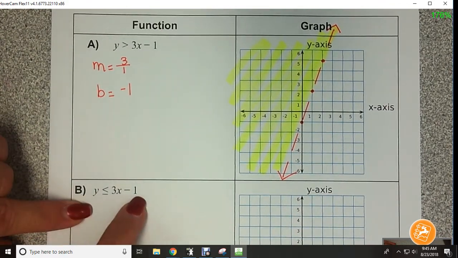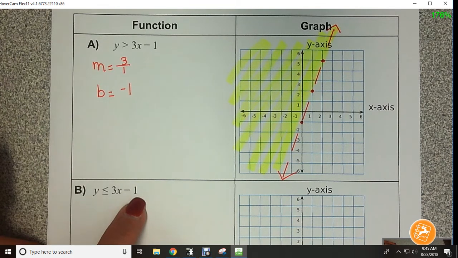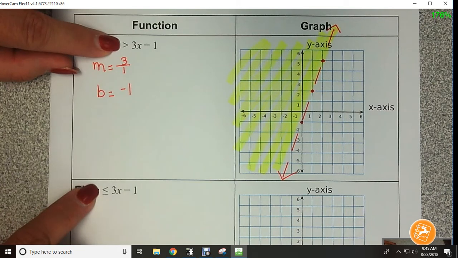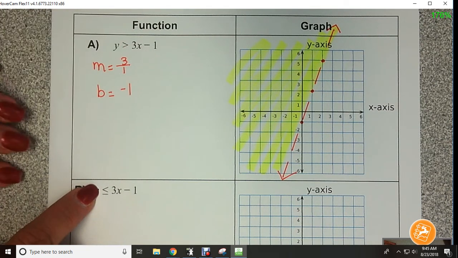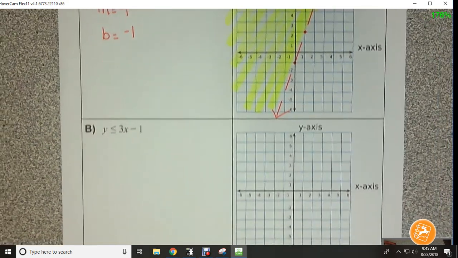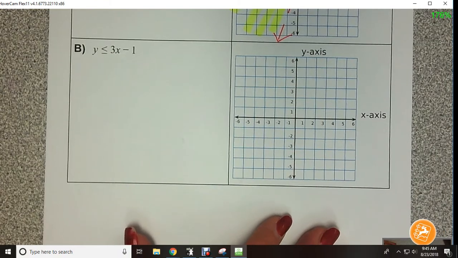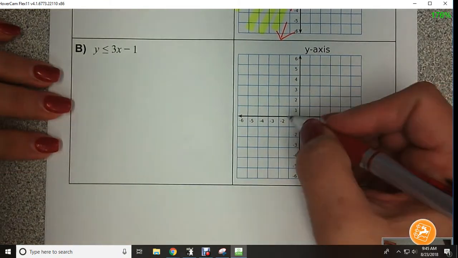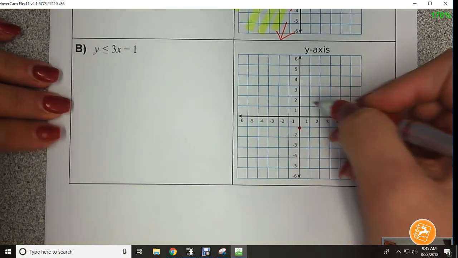Notice, it's the exact same thing in slope-intercept form. The only thing different about this is my inequality. The one at the top was greater than; the one at the bottom is less than or equal to. So let's see what's different here. Once again, I'm going to start on the y-axis at -1 and use my slope.